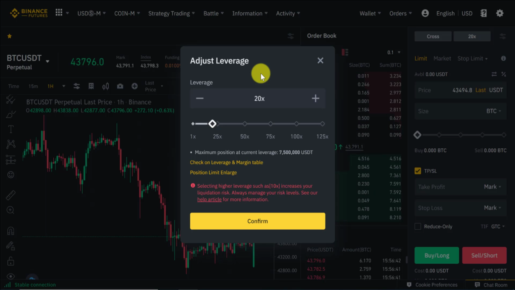What this one is telling you is that if you want to open a position that requires 500 USDT as an example, and you are using a leverage of 20x, are you with me? That means you don't need up to that 500 USDT to open that position.